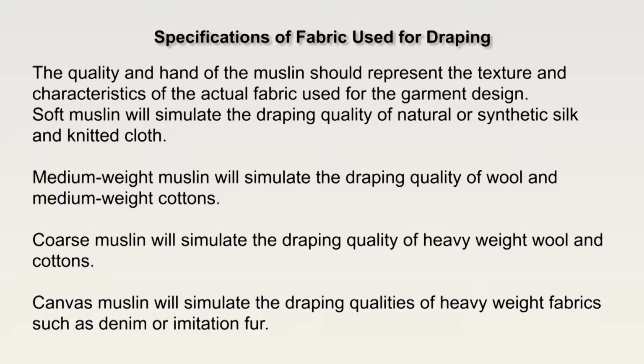Medium weight muslin will simulate the draping quality of wool and medium weight cottons. Coarse muslin will simulate the draping quality of heavy weight wool and cottons. Also, canvas muslin will simulate the draping qualities of heavyweight fabrics such as denim or imitation fur.